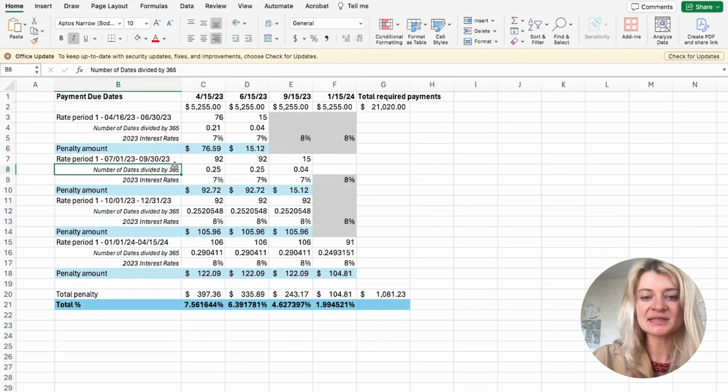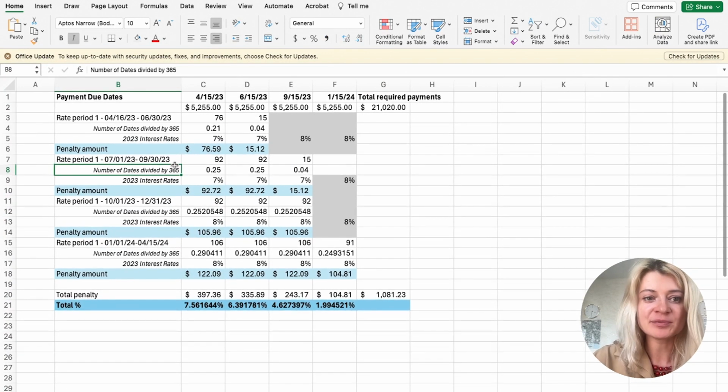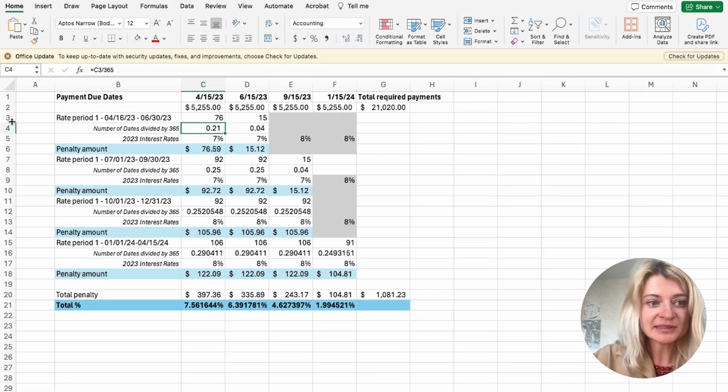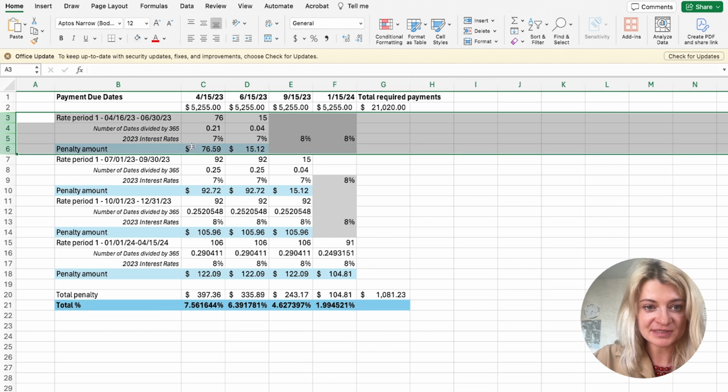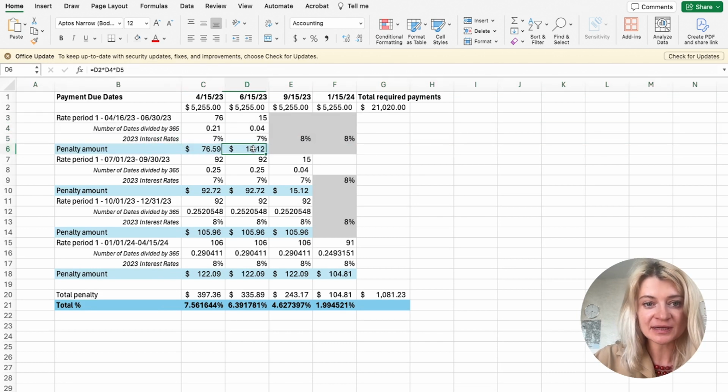This is exactly the same schedule, but it has formulas, so it's easier to explain. Let me explain the first periods. In blue, those are the interest rates for each period. Let's go through the first one. We calculate the number of days between what?